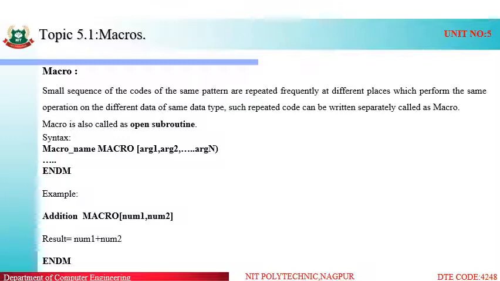It is similar to the function that we use in object oriented or other programming languages. Functions, macros and similarly procedures are used for the modular programming approach. That means we don't have to write the same code repeatedly at different places in our program. We embed that code inside a particular function, macro or procedure and call it when required. So this is the macro part.